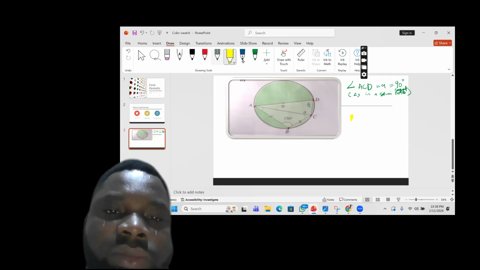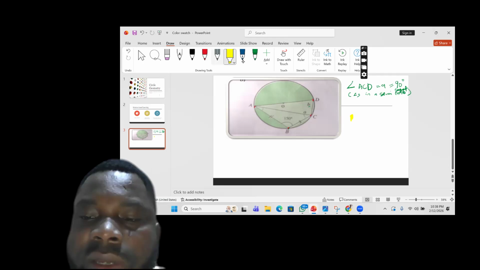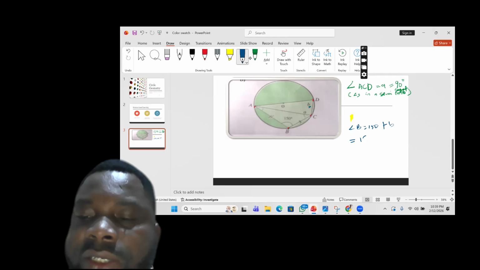What that means is that angle B, which is 150, plus this small angle that we are looking for will give us 180, because the rule says that the sum of opposite angles in a cyclic quadrilateral is equal to 180.